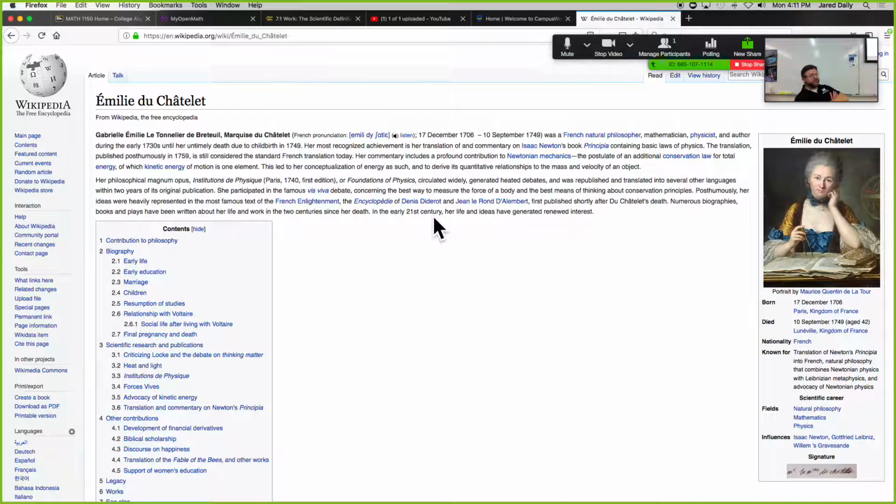She didn't have to fight off the men who were going to try to take credit for her work, because nobody wanted to go up against somebody as powerful as Voltaire, who had friends in high places. So she was able to stand on her own two feet with the help of some people who really thought she deserved that chance, which is great.